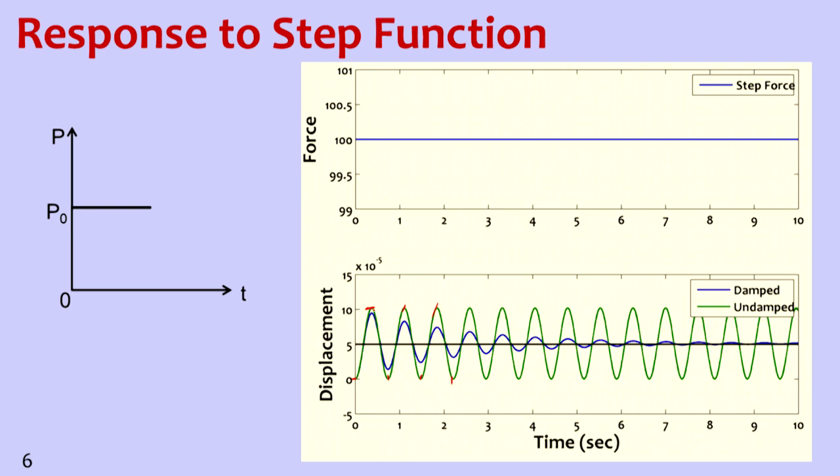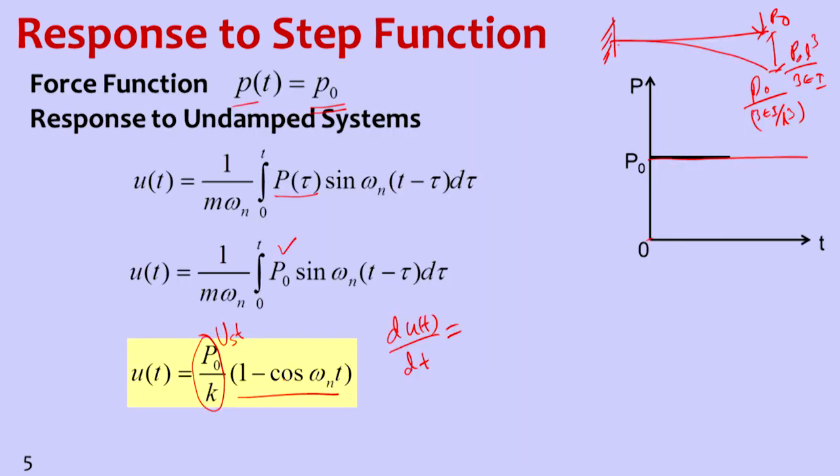If we substitute this value in time at this location, we get minus of minus 1, so that means 2. So twice the static deflection is the maximum value of displacement.